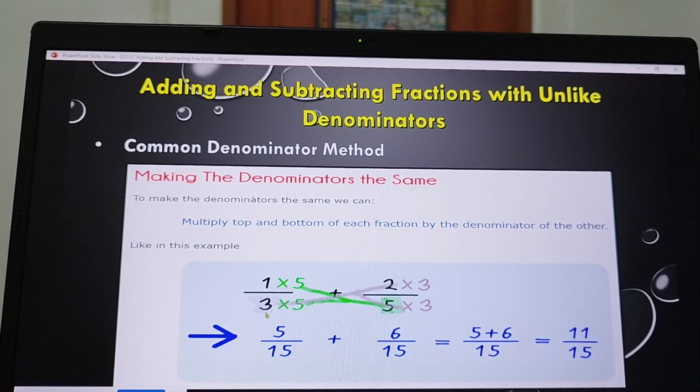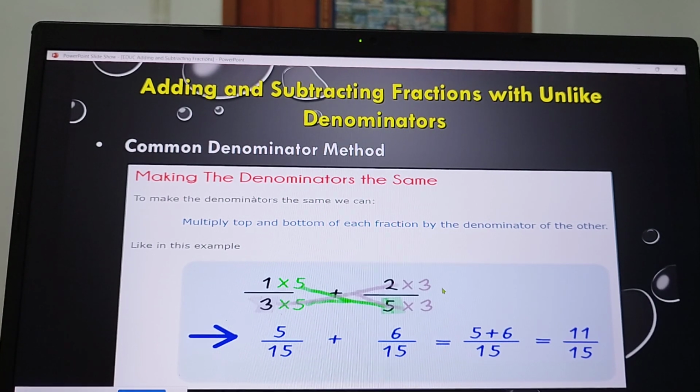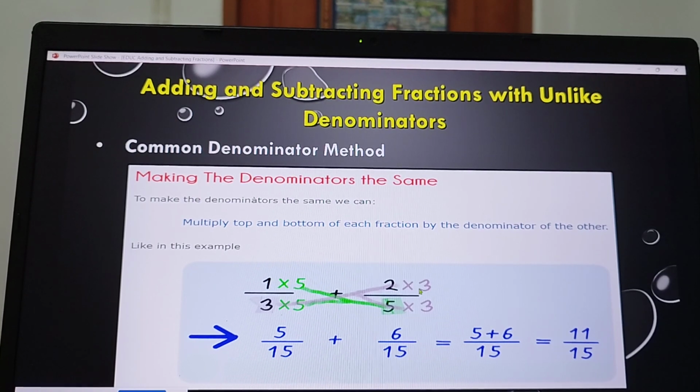The denominators here are 3 and 5. The first fraction you multiply by the other denominator, 5. The second fraction you multiply by 3, because that is the denominator of the first fraction.